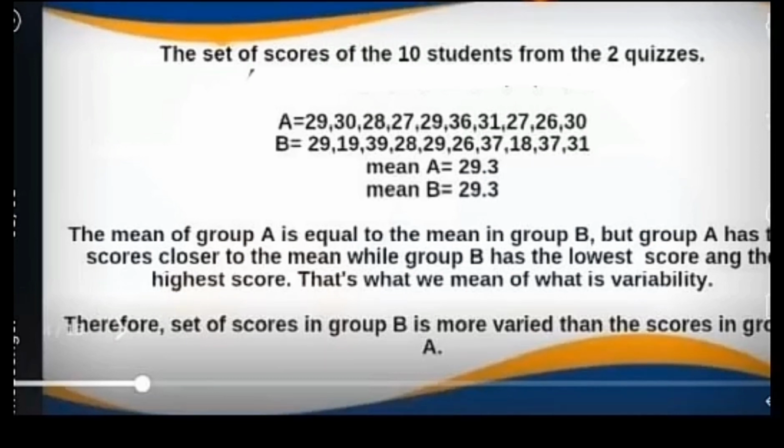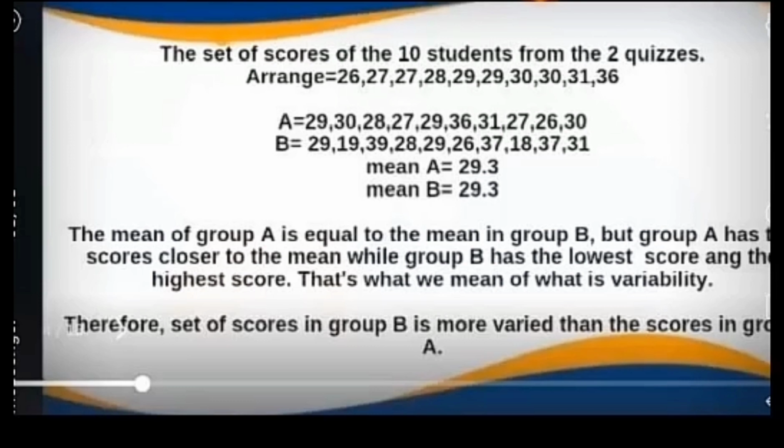And in letter B, if we solve its mean, which means the average of the given scores, or the total of all the given scores divided by the number of scores, we also get 29.3.